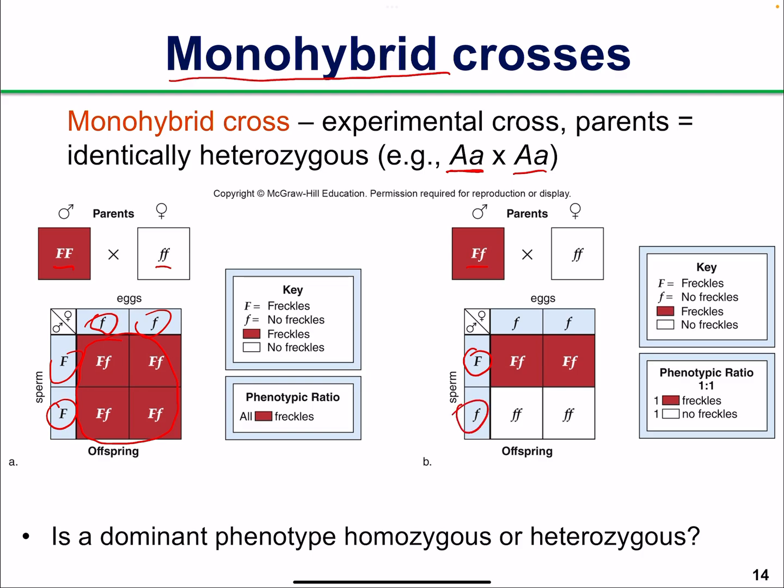Mom, having no freckles, can only produce what kind of egg, right? Lowercase f, right? So 50% of individuals are going to be heterozygous with freckles, while 50% of individuals are going to be homozygous with no freckles, right? Okay.